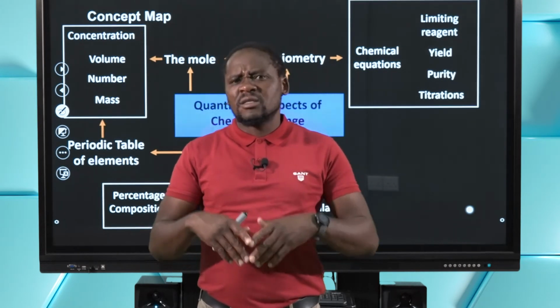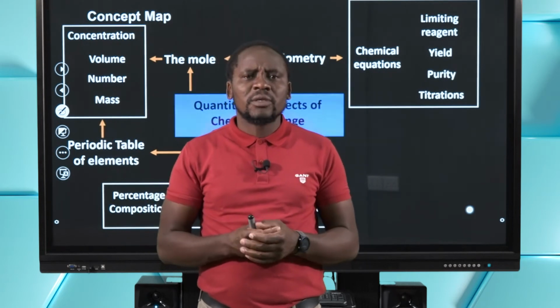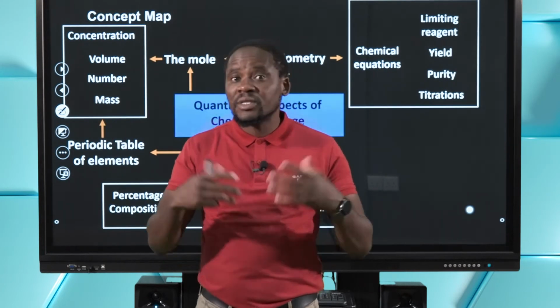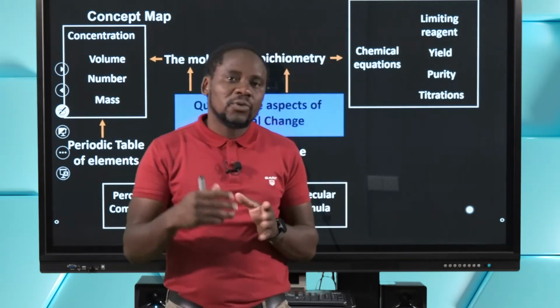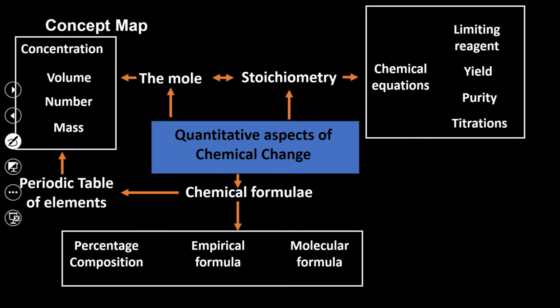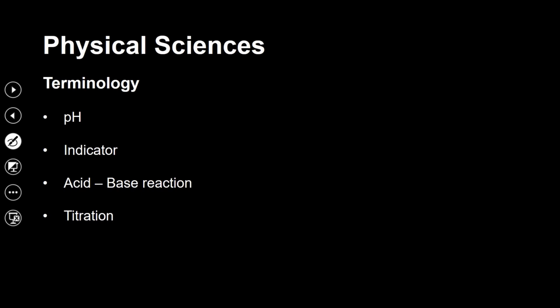There are the issues around indicators and neutralization reactions. Now let's focus our attention on some of those aspects. Terminology forms a very important part of our understanding, because that is the language that we use. So let's be mindful of the following terms.